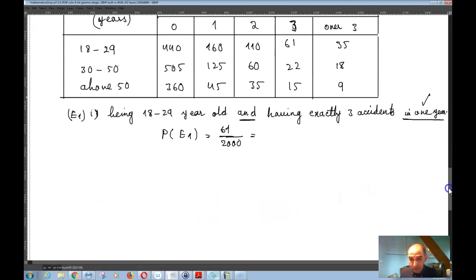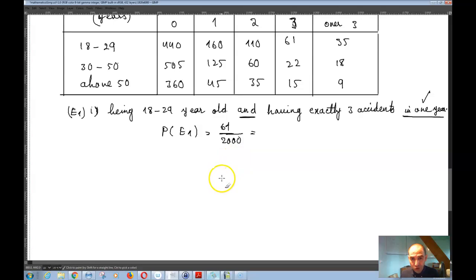if I divide 61 by 2, I get 30.5. 30.5 divided by 1000 is the same thing as 0.0305. So that is the probability of that event happening, if I'm not mistaken.